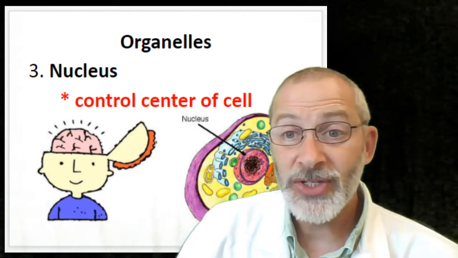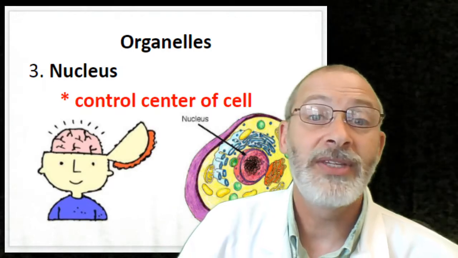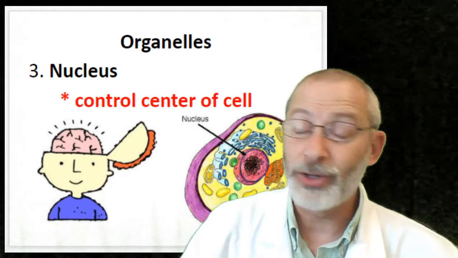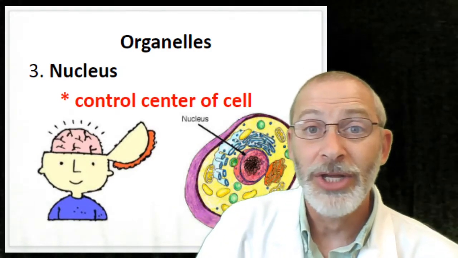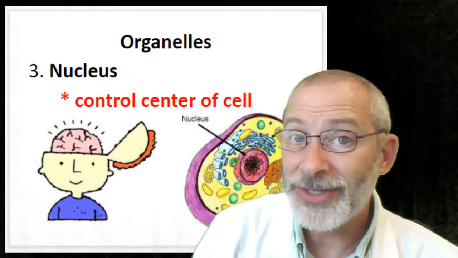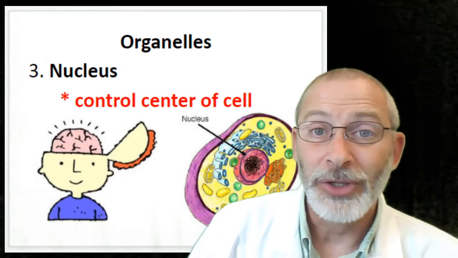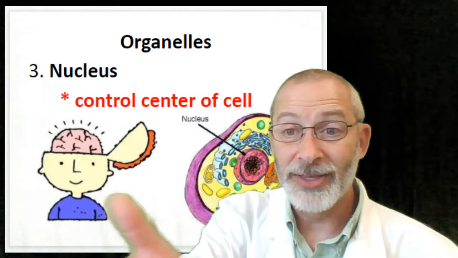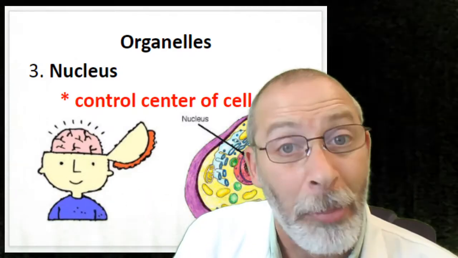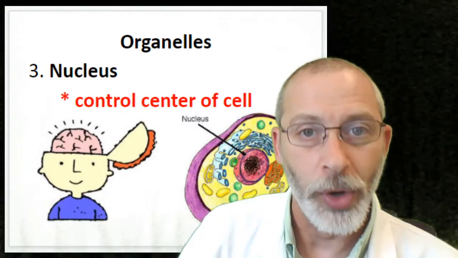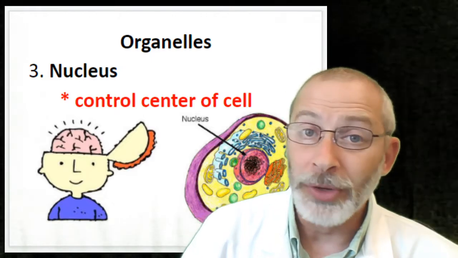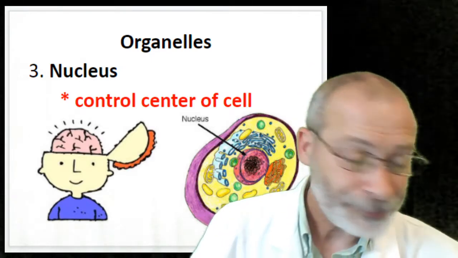Now, just like many things, let's say you have a cell phone. If you were to take your cell phone apart, you'd see a little computer chip in there. That's the control center of your cell phone. If I were to take this computer in front of me apart, it would have a motherboard. And on the motherboard, there'd be computer chips.